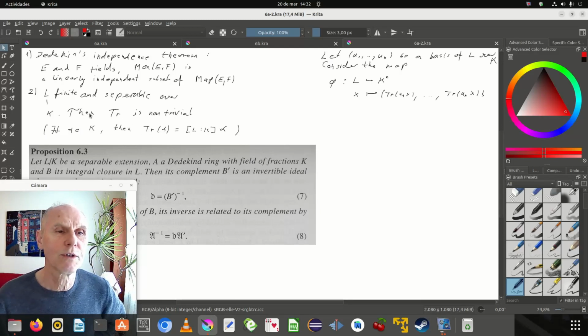And of course, if we take an element alpha in the base field, then it's just the dimension of L over K times alpha, so that's trivial. So it's only if it's non-separable that we can have a problem.